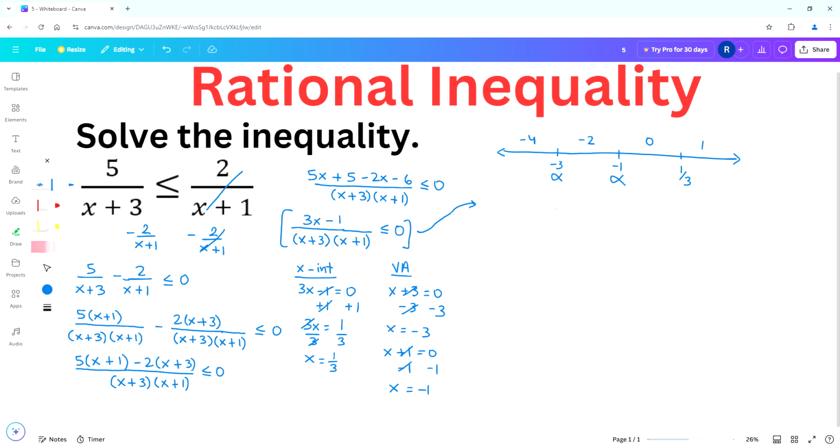Let's start with the first test value, negative 4. We should sub in x as negative 4.